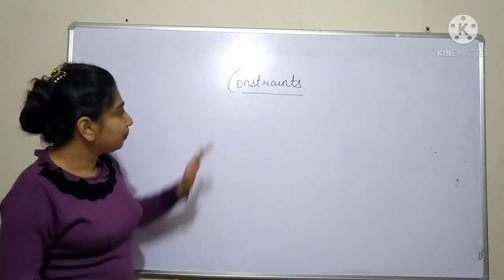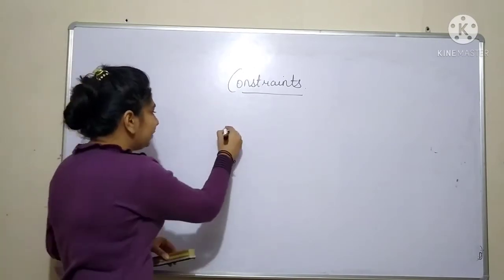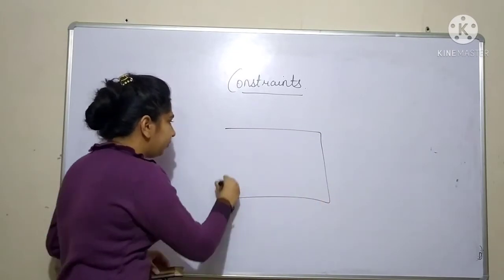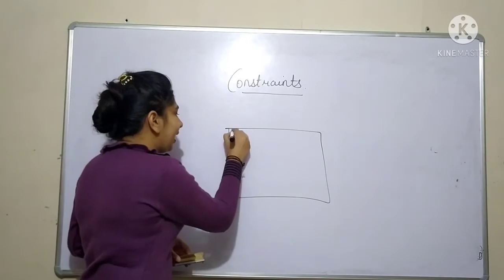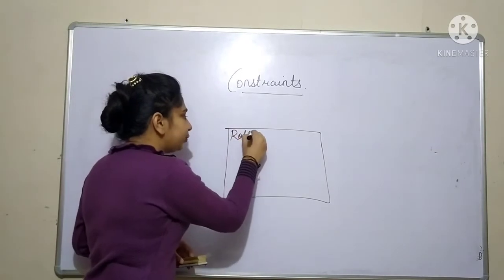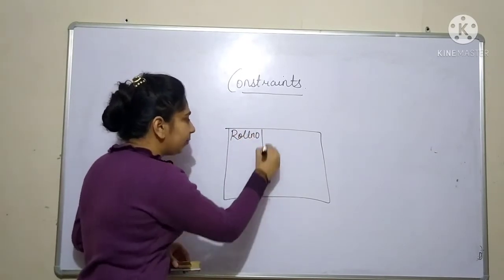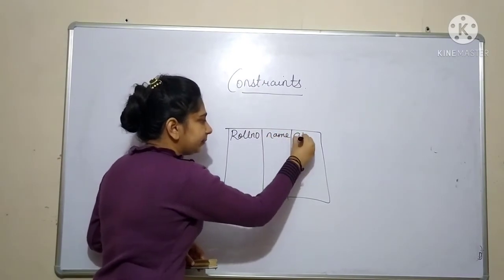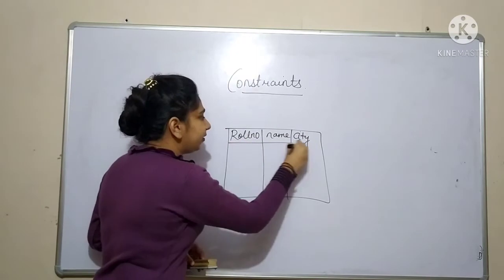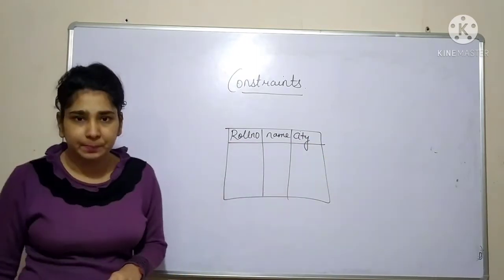Let me tell you, suppose we have this table. We have various attributes: roll number, name and city. These three attributes are there.